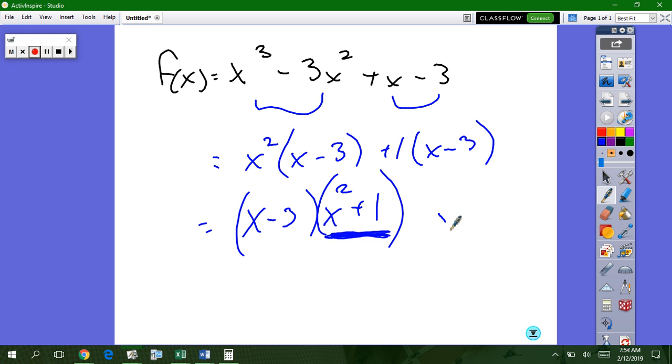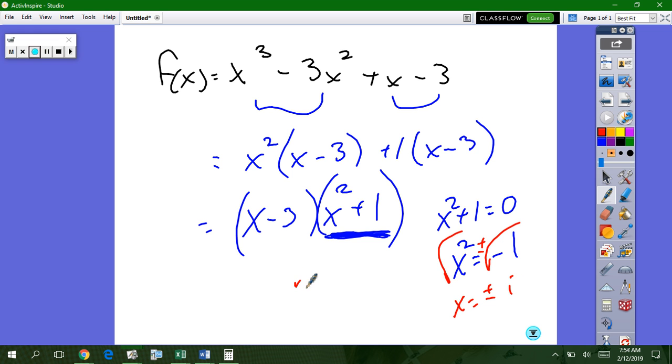I can just set him equal to 0. How do I get rid of a squared? Square root. And whenever I take a square root, what needs to happen? Plus or minus. So x equals plus or minus i as well. So our zeros are 3 and plus or minus i.